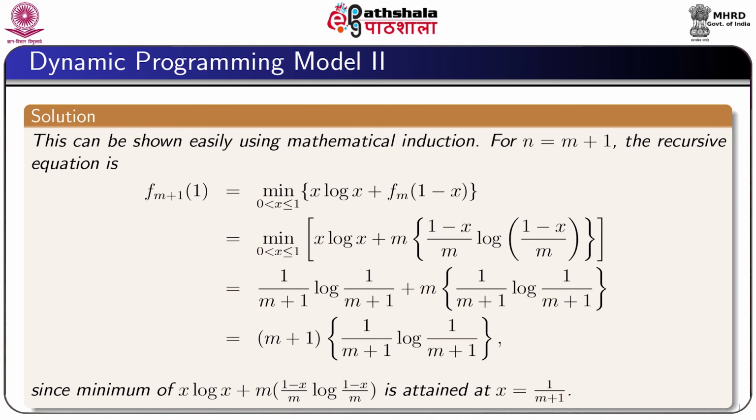And since the minimum of this expression is attained at x equal to 1 by (m plus 1), f(m plus 1) can be obtained as (m plus 1) into 1 by (m plus 1) log 1 by (m plus 1).